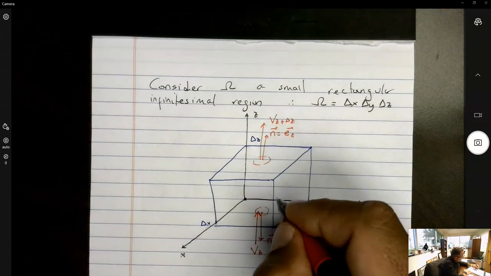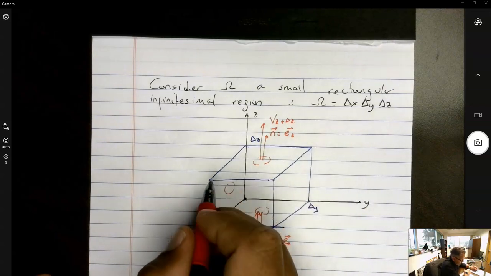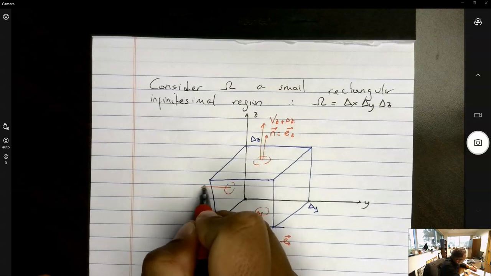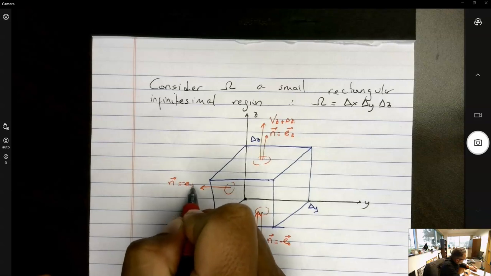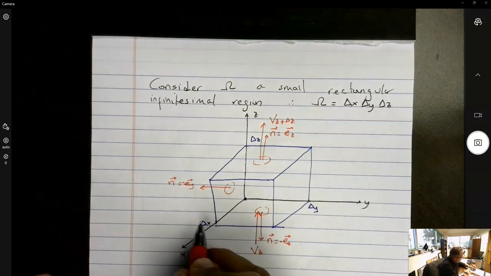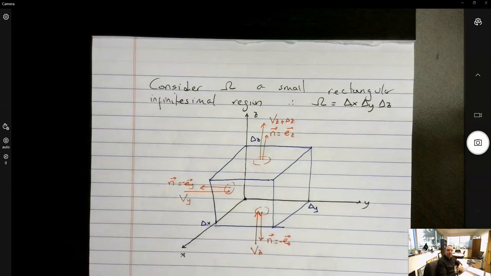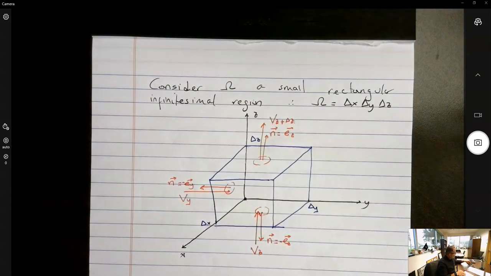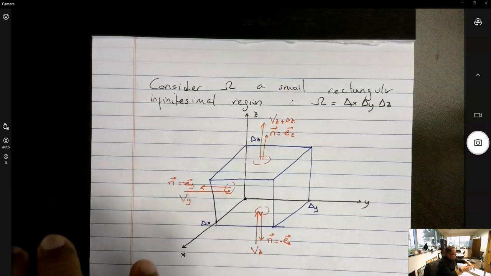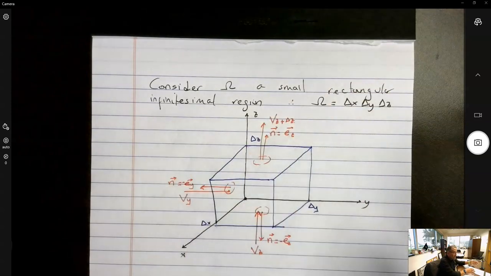Let's look at what happens on this wall right here. The normal vector here would be negative Ey, and the velocity is the y component of the velocity, Vy. The only one that will survive. Remember that the velocity field is just some velocity field that traverses this entire region that has x, y, and z components.